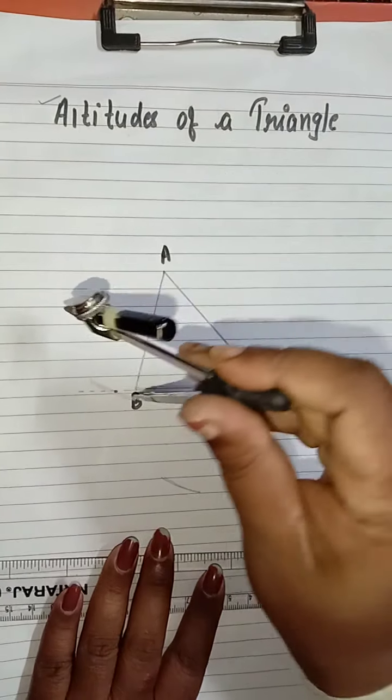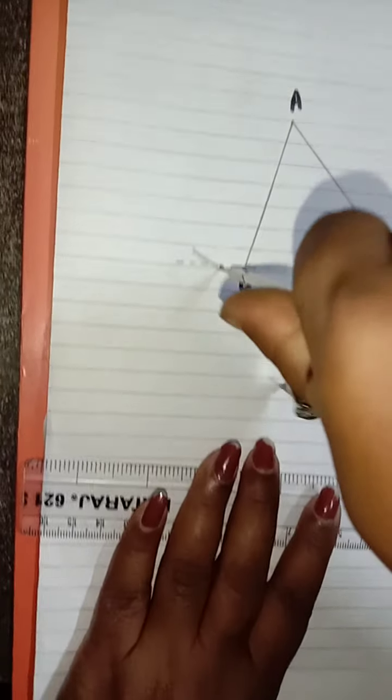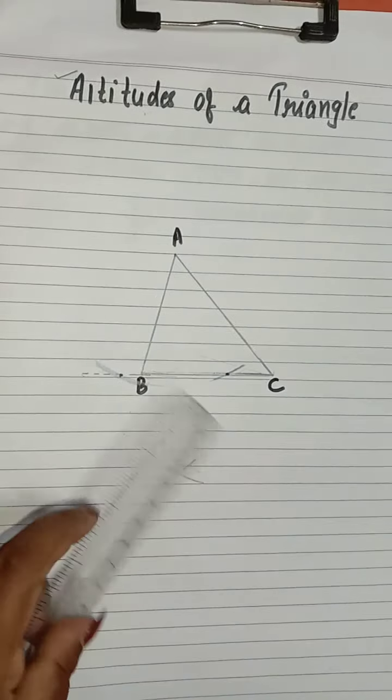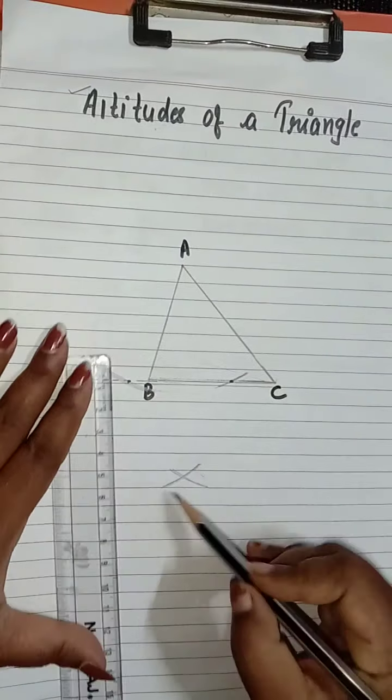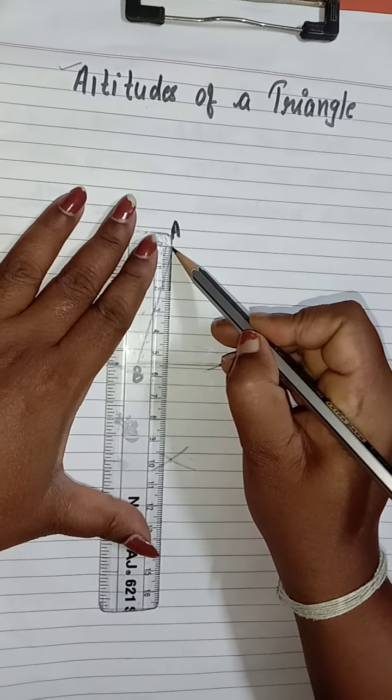Same distance, we'll put it on the second point and intersect the previous arc. After that we'll join A and this intersecting arc.